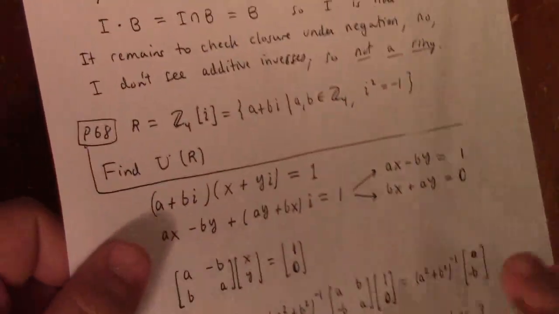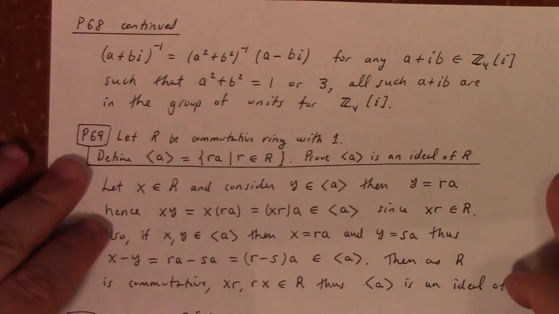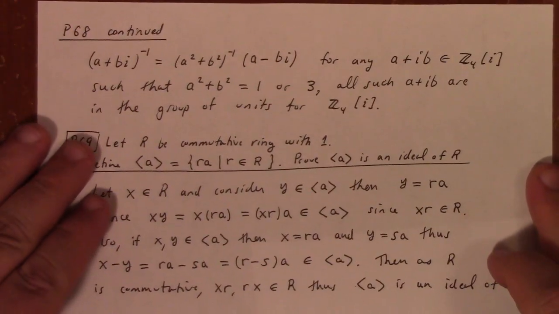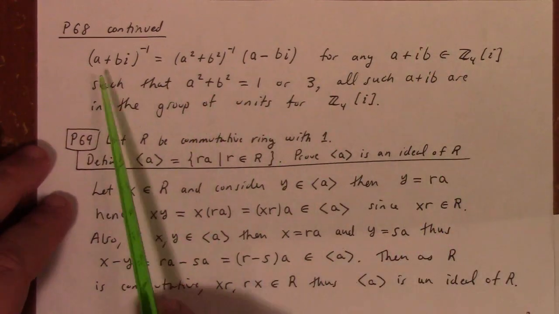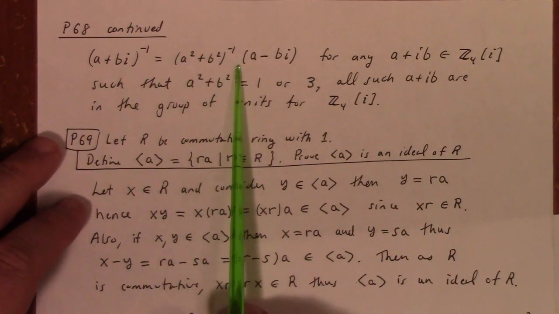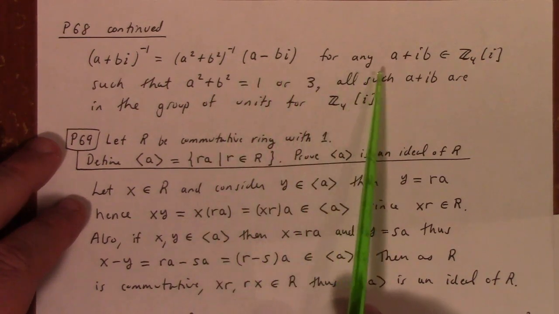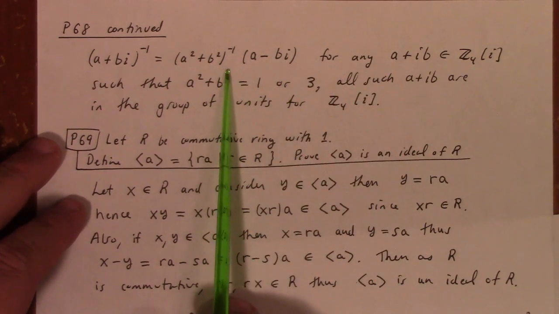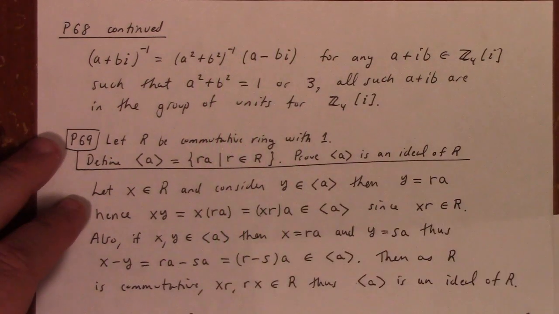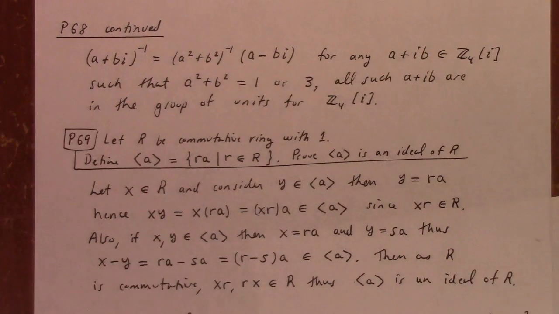Putting it together, it's really not very surprising; you could have probably figured this out without the matrix calculation that I just showed you. See, because (a + bi) inverse is actually this, which is really just the usual complex thing.